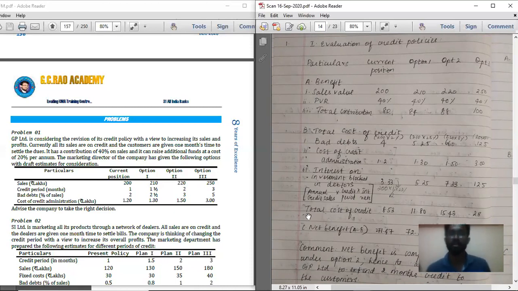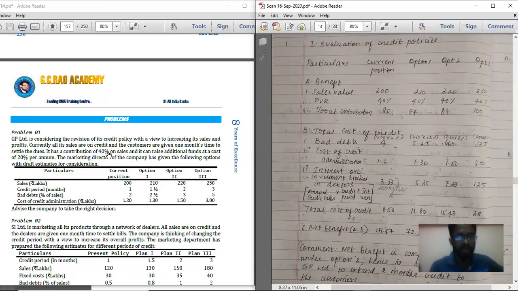Simple. Below that, open a bracket and write down annual credit sales into credit period into interest rate. Annual credit sales into credit period into interest rate. So for the current question, what is the annual credit sales? 200 lakhs. What is the credit period? 1 month, so 1 divided by 12, into the interest rate at which you are receiving the funds.